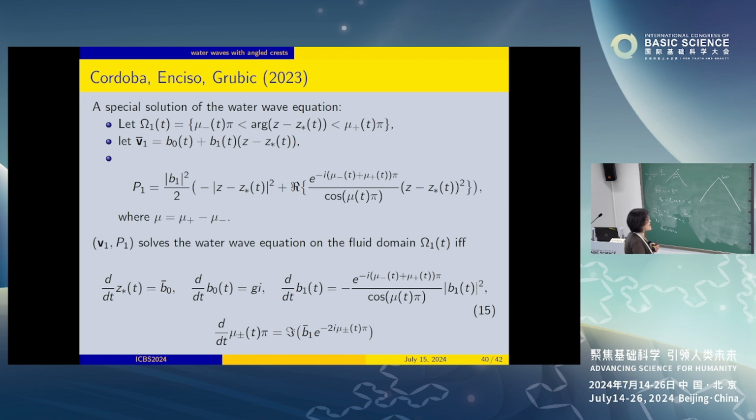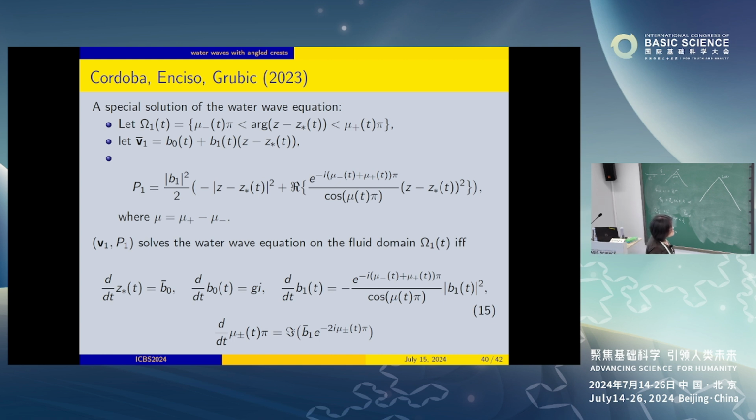And by an observation of Eric Wahlén, this ODE has a solution which doesn't exist for all time, that blows up at finite time. In other words, the water wave equation has this special solution where one of the quantities, B0 or I don't remember which, becomes infinity at some finite time.